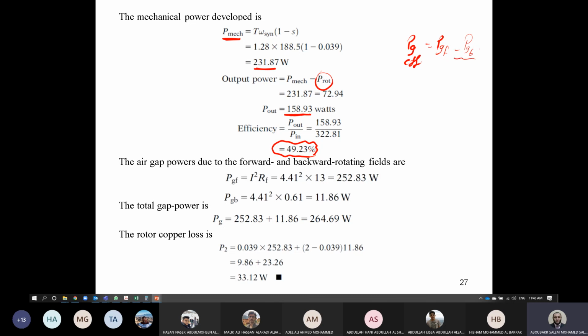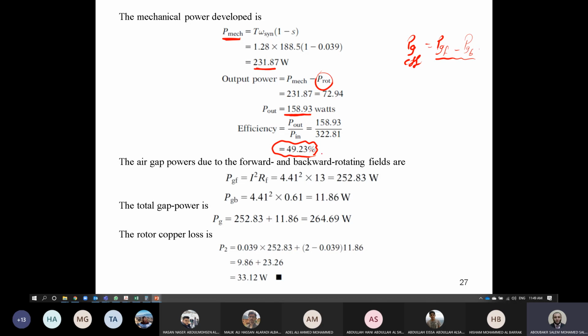So this is another reason why we have less output power compared to three-phase. In three-phase, the effective P gap equals the total P gap. However, here it's equal to the difference between forward and backward flux power. So this is one reason why we have very small output power for single-phase motors, and it's small efficiency.